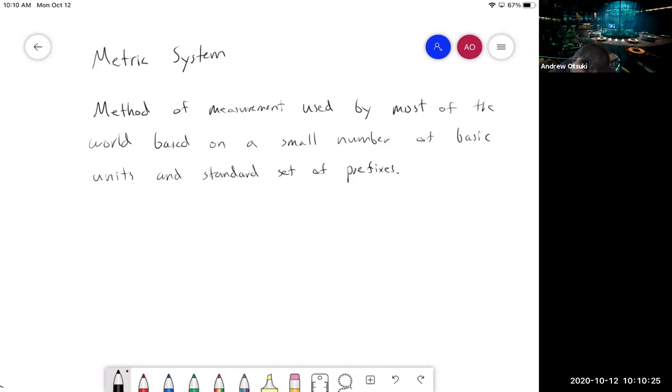So this method is preferred by scientists for a number of reasons. A, it's internationally standardized.